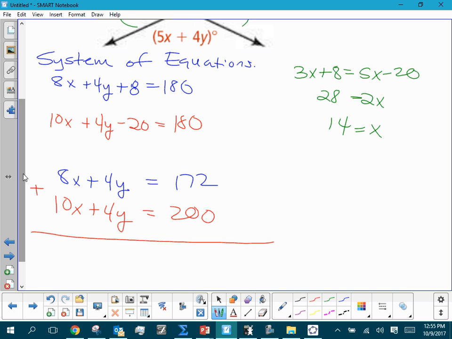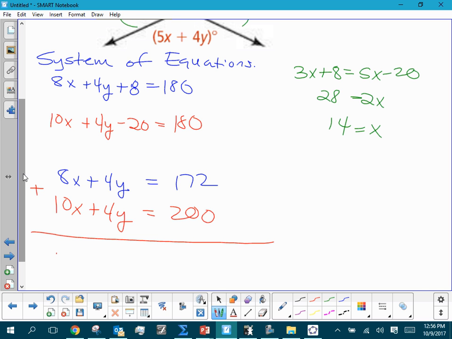Okay? But if I add straight down right now, how many x's do I get? 18 x's. How many y's do I get? 8 y's. Well, that ain't even going to go away, right? Well, we're taught that you can take any one of these equations and manipulate them in any way that you want to, through multiplication or division. Usually you choose multiplication.